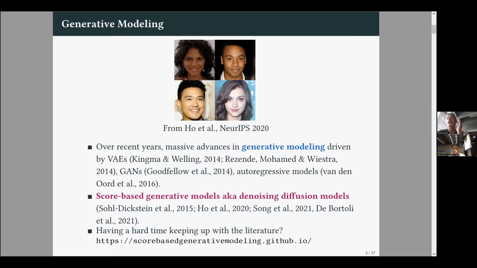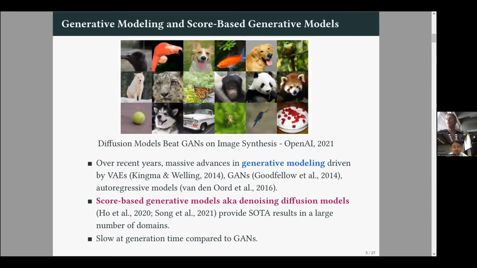Okay, so why are people really interested in denoising diffusion models? Well, it's simple. They produce remarkable empirical results, in particular on a variety of domains, including image synthesis, audio synthesis, and so on. Those models outperform GANs.